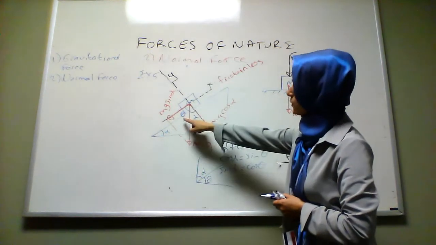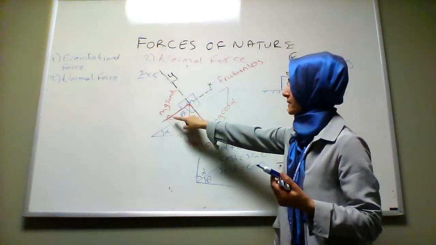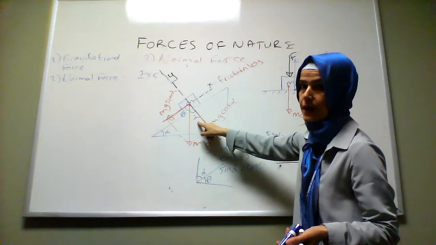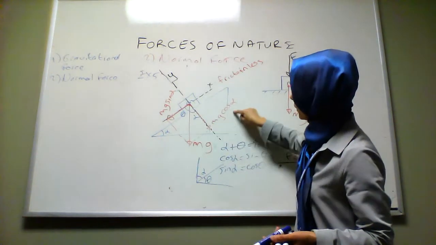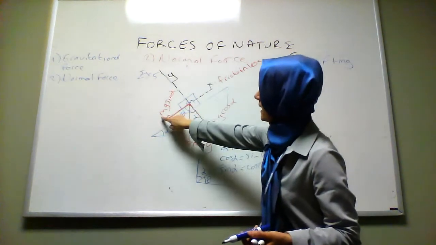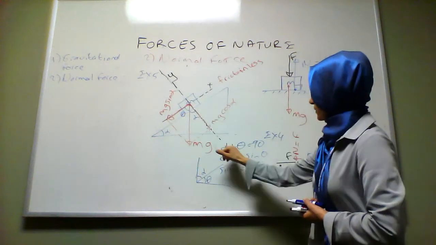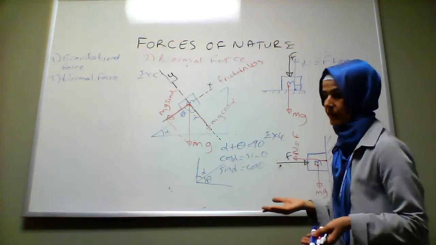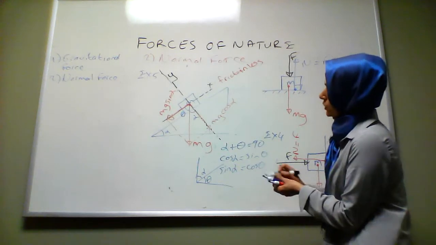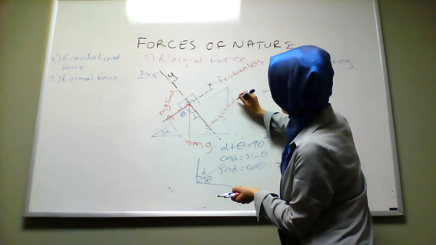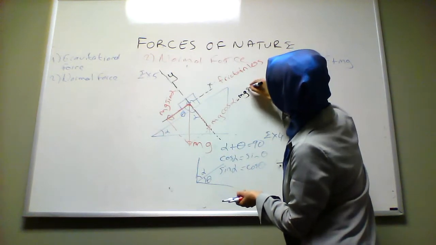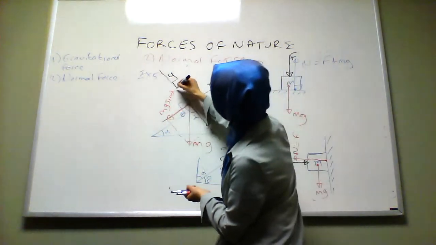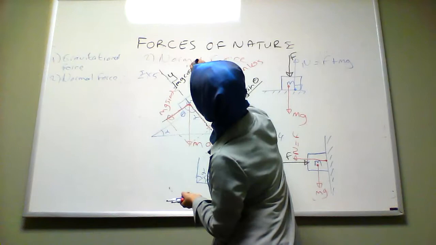So far, when we were finding the components, we always looked at the angle between the x-axis and our force. Now we can easily find the angle in between the y-axis and our force. So the y component is mg cosine alpha, and the x component is mg sine alpha, due to this rule. If I again replace with theta, it will be the same: my y component is mg sine theta, the angle between x and the force, and this will be mg cosine theta.